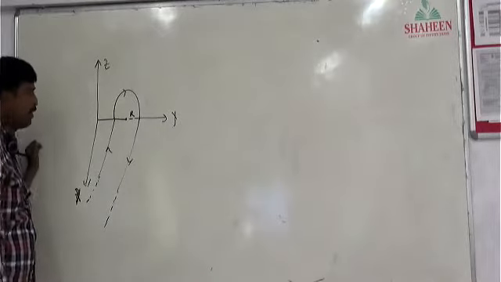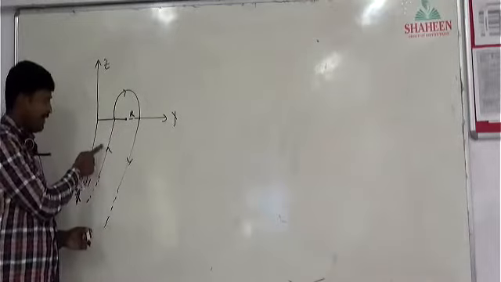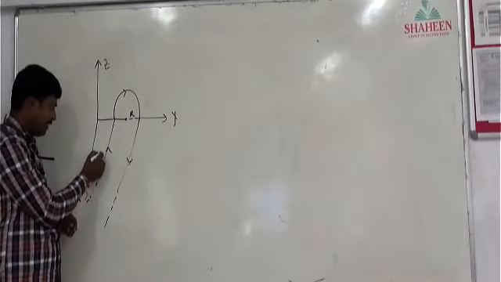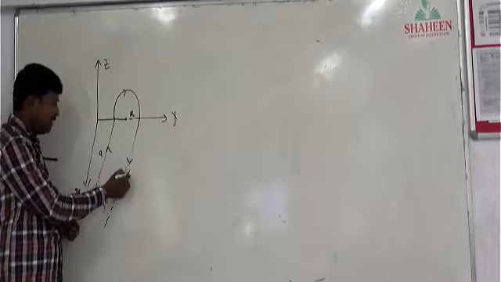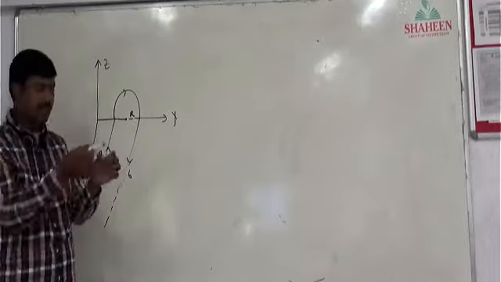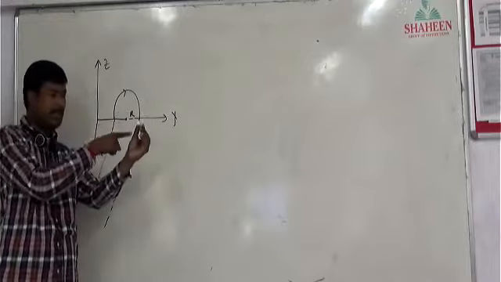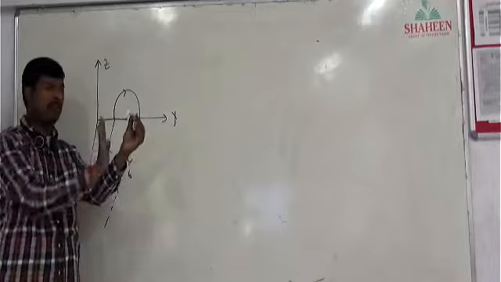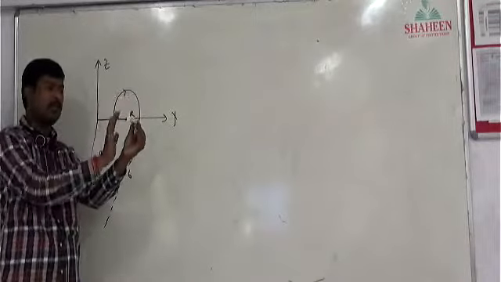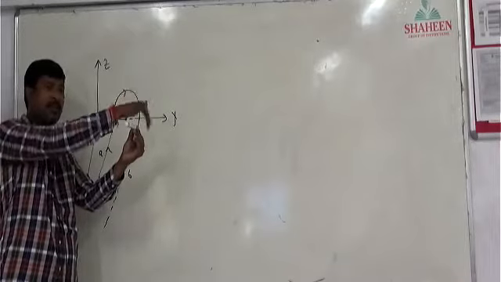Semicircle. Now look carefully. I am taking this wire as, let us say, A, and this is B. For wire A, current is coming like this, and at this end they want to find the magnetic field. At this end, which side is it? Along downward.